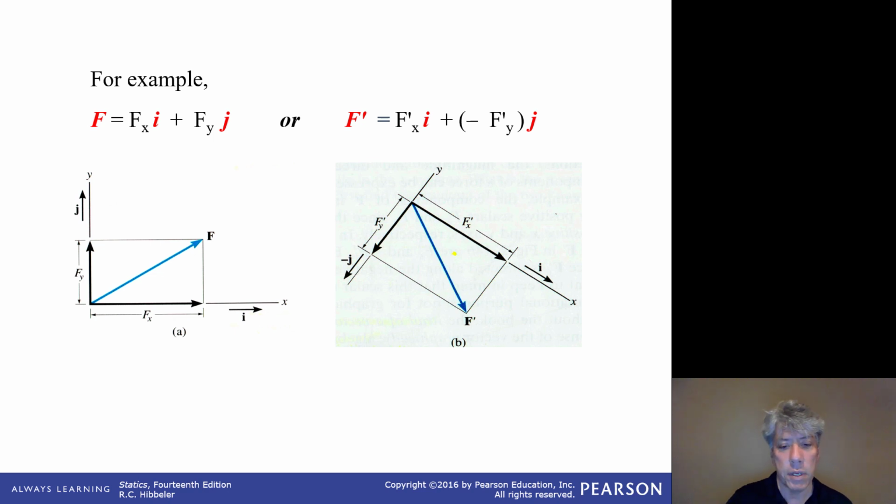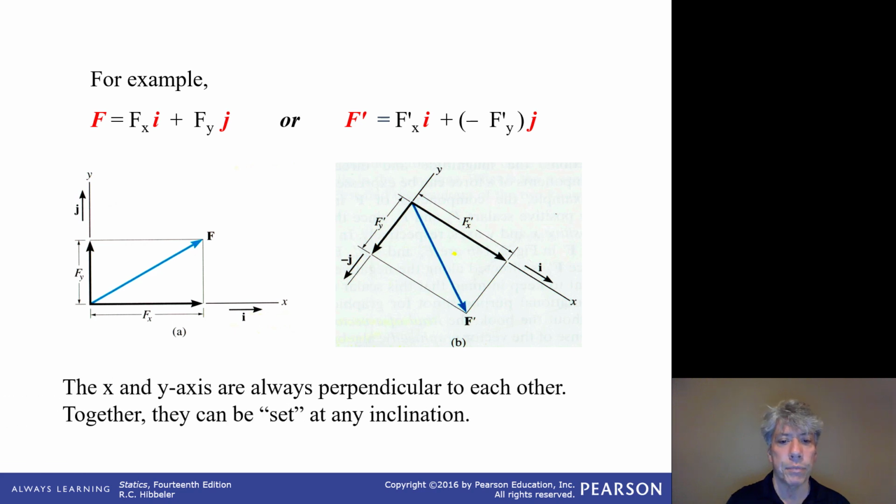So there are many different ways to represent vectors, but notice the key here is that we've got a magnitude, that's the black part of the equation, and the direction, which is the red, bold, italic part of the equation. So we've written a vector in terms of a reference coordinate system for magnitude and direction.